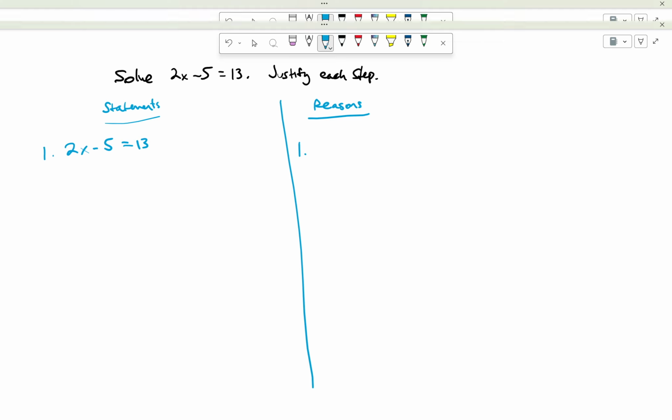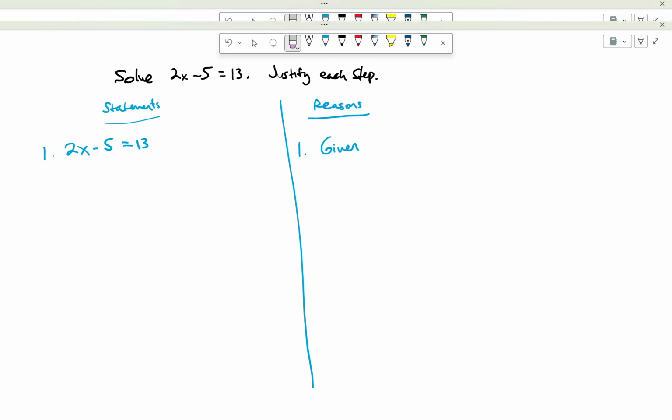For 99% of this class, reason number one will be the following: this statement was given to us, and it just means that's how we're starting. We'll have some students in class, the given guy, who's going to be so excited as we're doing these problems, and it's, hey guys, how do we start? And they're going to yell, given! It's almost correct. We have to first have our statement. Our first reason will be given.